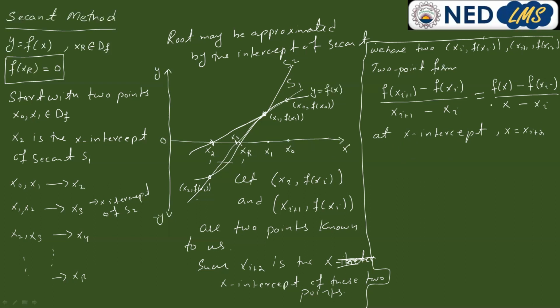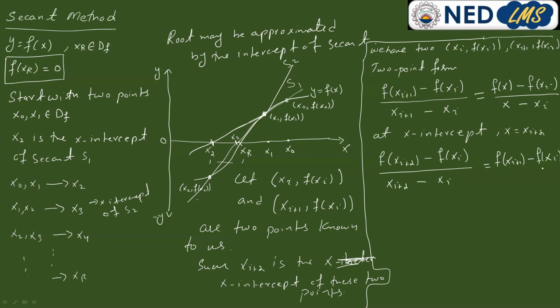So at this point in the equation, I'm writing this term first: f of xi plus 2 minus f of xi, divided by xi plus 2 intercept minus xi. I have written down this term first and then I'm writing the other term, because there is no unknown in it. So it is convenient to keep it on our right hand side.